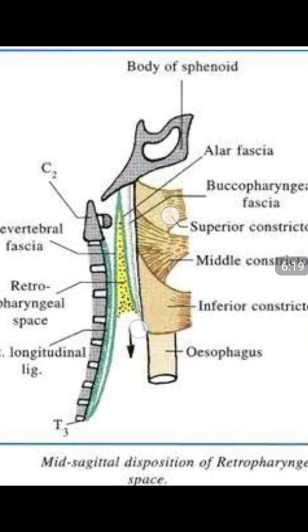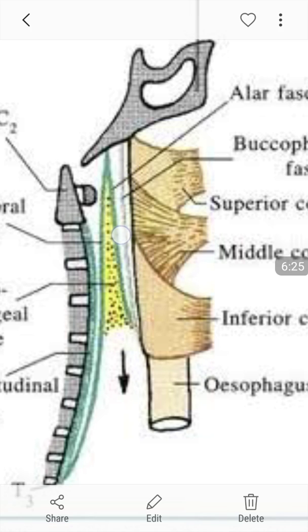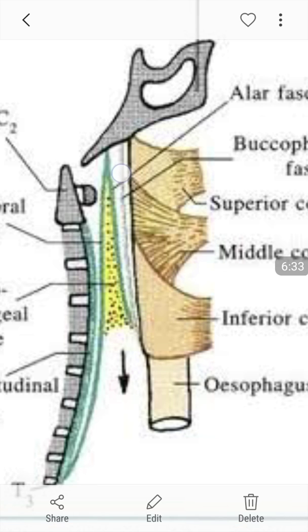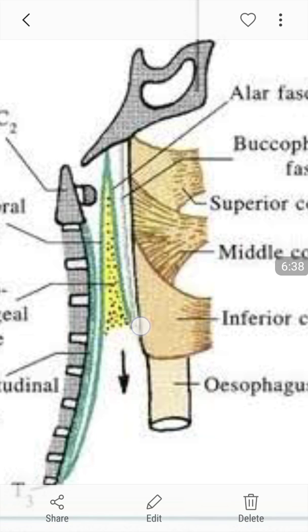This is the buccopharyngeal fascia, and here we have the alar fascia. Alar fascia and buccopharyngeal fascia at C7 level merge with each other at this point. So any infection occurring between these two layers would be limited inferiorly to the C7 vertebra.